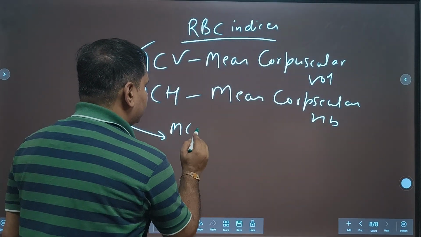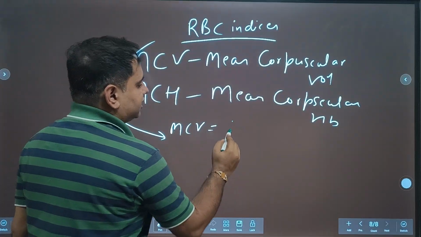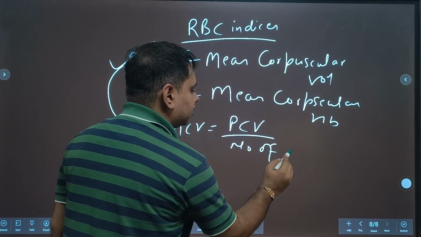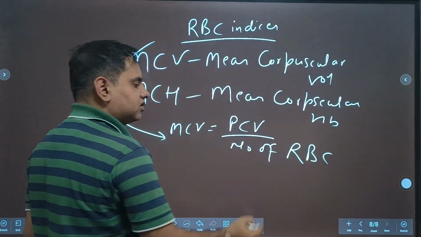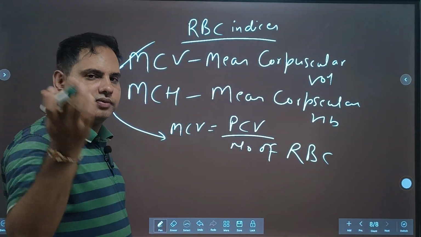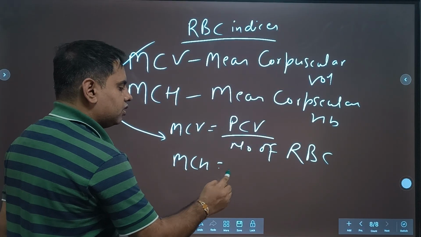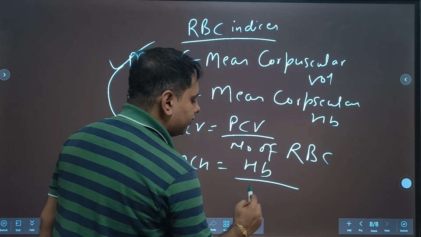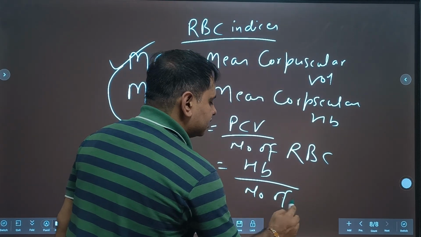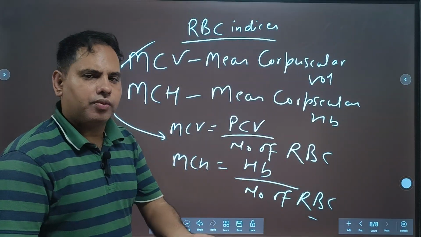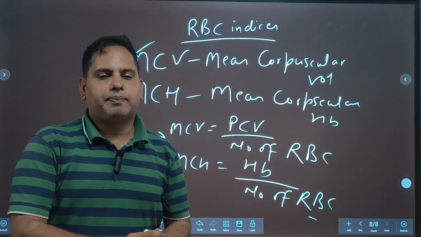So how can you calculate it? MCV is equal to PCV, packed cell volume, divided by number of RBCs. RBCs are in billions, you know, so of course your numbers will be very small. Like MCH is equal to hemoglobin divided by number of RBCs. These are the indices you can derive if you know the hemoglobin value and the packed cell volume.